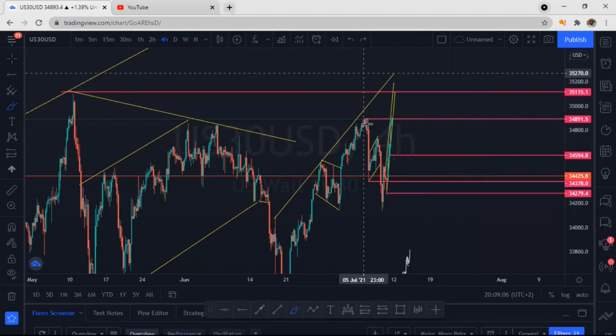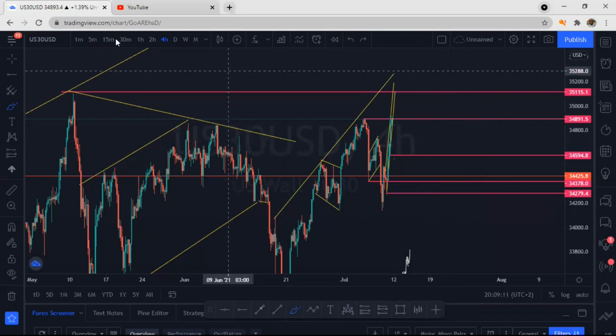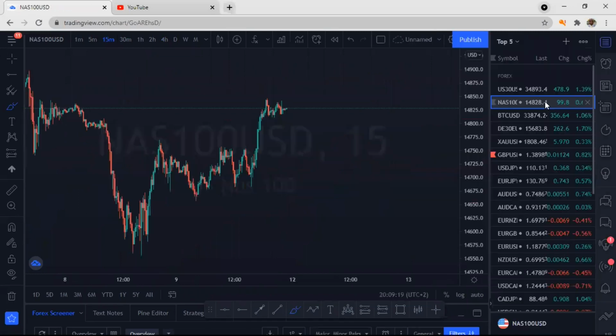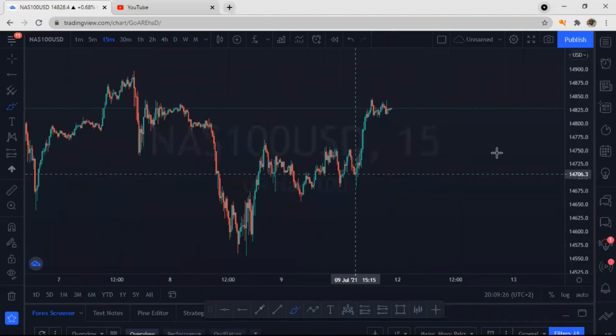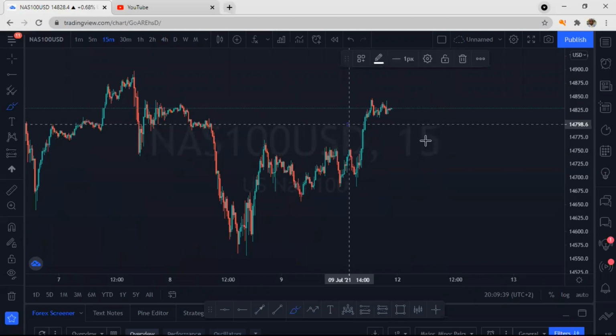Okay, cool. So guys, we are here now. 4 hour time frame. Let's go to 15 minutes so that there'll be no confusion. We are here. This is USD. This is Nasdaq, guys. I don't know if my laptop or my software is slow here because I should be seeing the diagrams now, the structure.